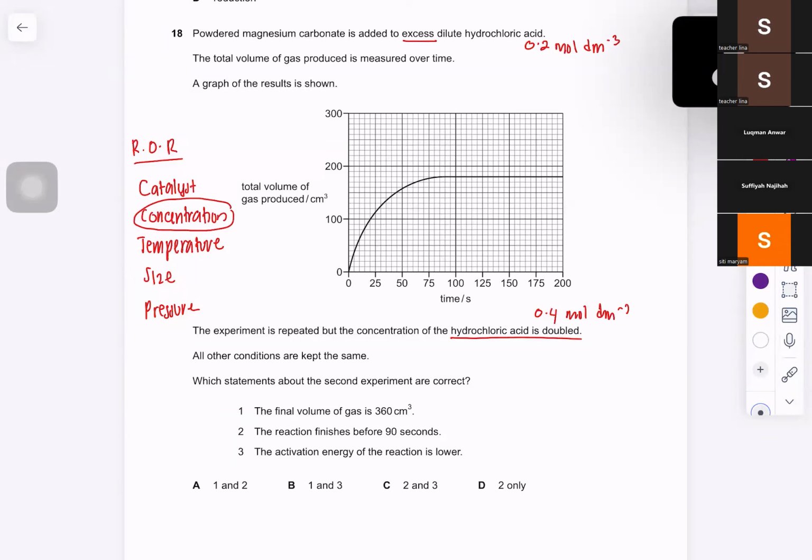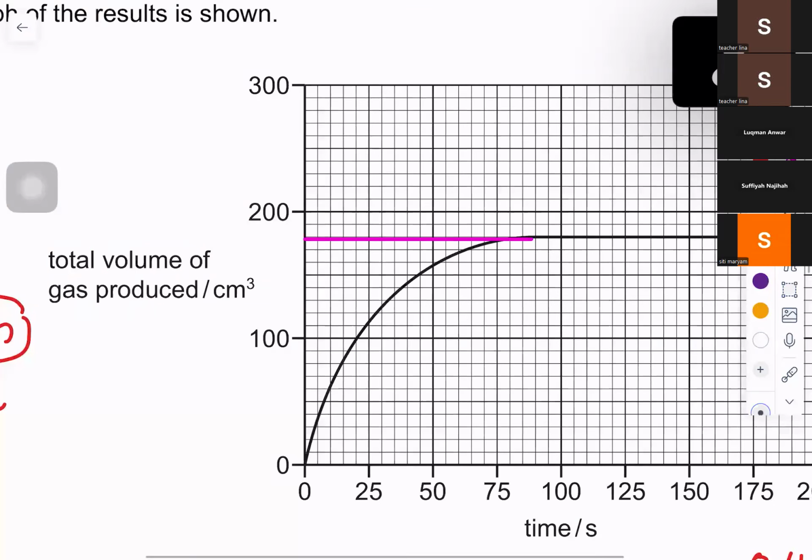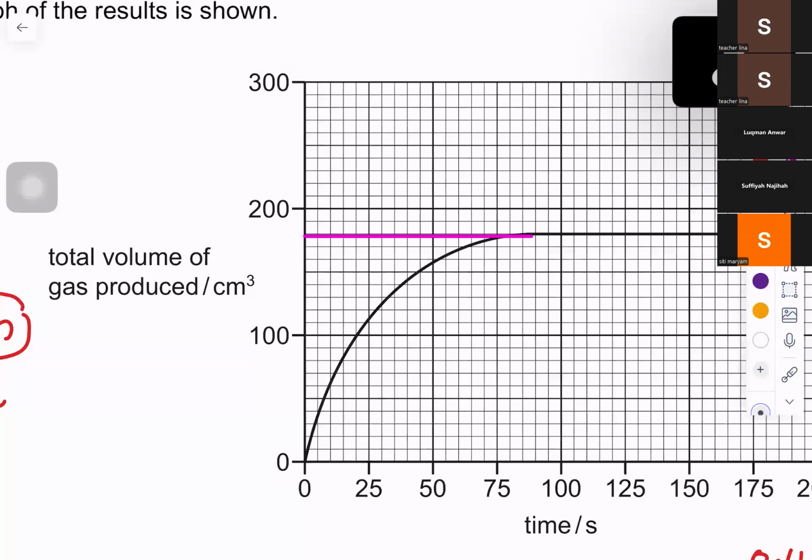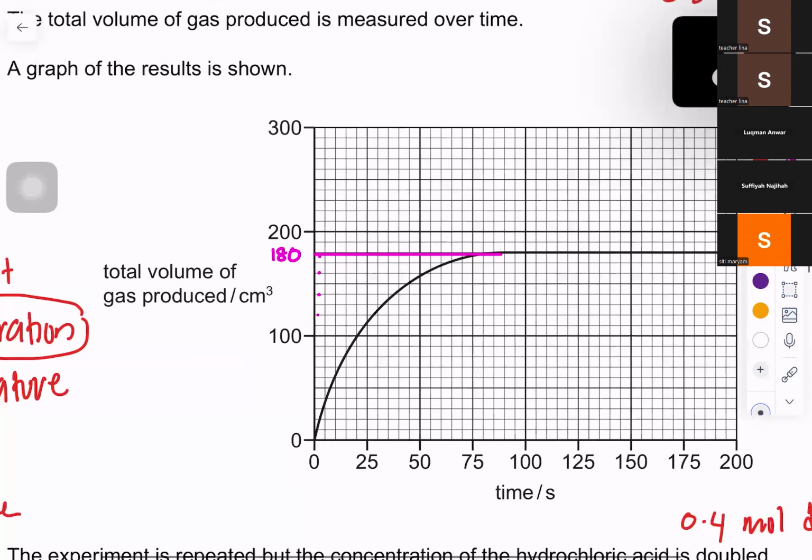So which statement about the second experiment is correct, that one. So the final volume is 360. The final volume is 360. This one, the total volume gas collected is berapa ni? 180. 180.